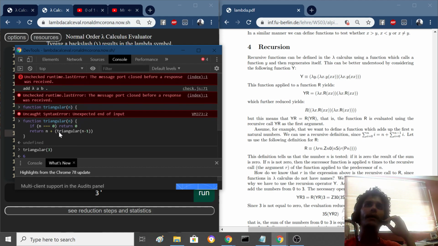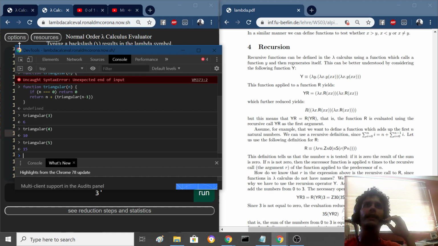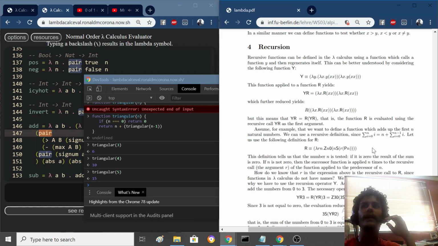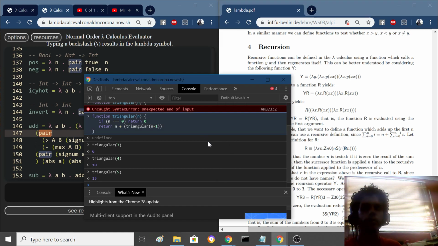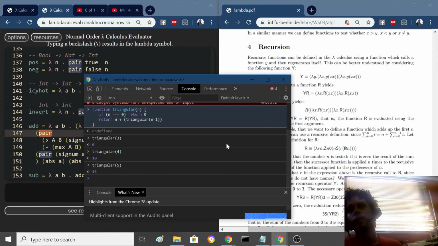So why I wrote that is just so that you could see that this function right here that they've written in the lambda calculus is really the same thing, except that z is the equal 0 function, s is the successor function, it's like the plus sign, and p is the subtraction by 1 function, the predecessor function.